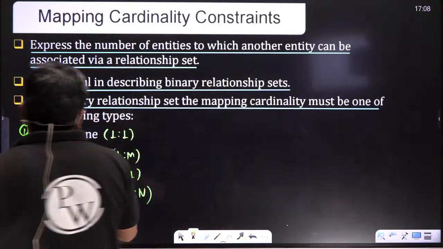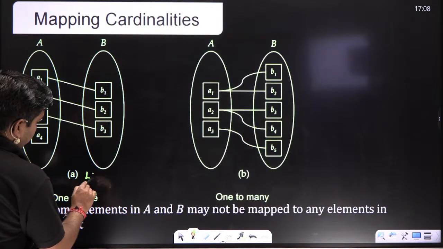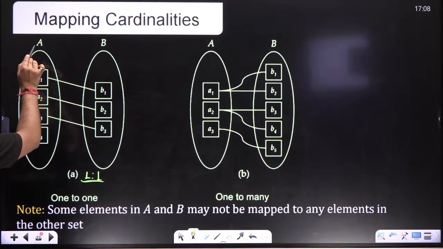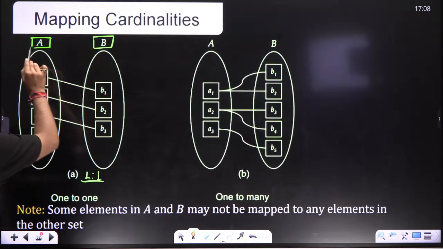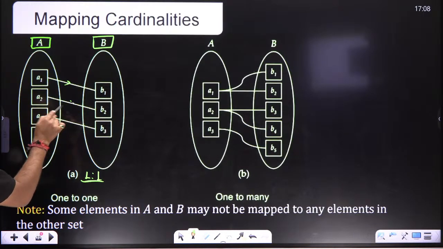Now I will discuss each one, first of all 1 to 1. You can see here entity set A and entity set B. Here one entity participates with one. 1 to 1.